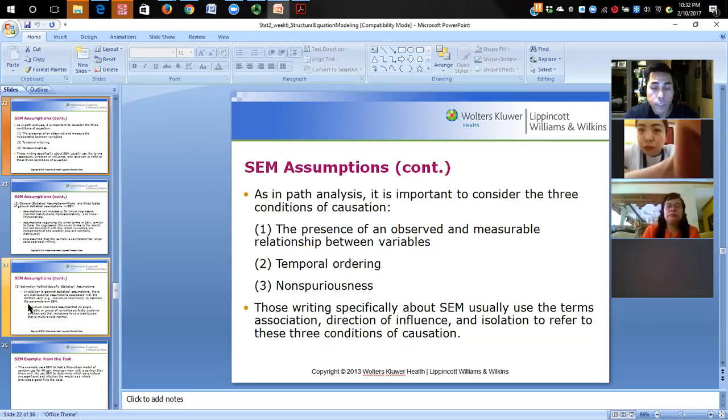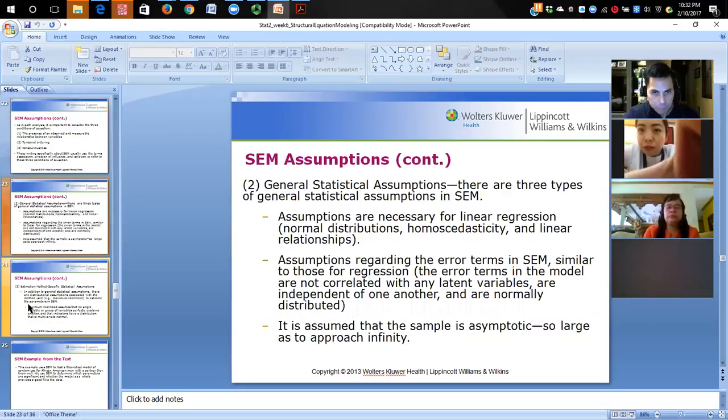General statistical assumption: there are three assumptions necessary for linear regression. There's the normal distribution, homoscedasticity, and linear relationship. Assumptions regarding the error terms in the SEM are similar to those for regression. That means that the error terms in the model are not correlated, but covariance is important.